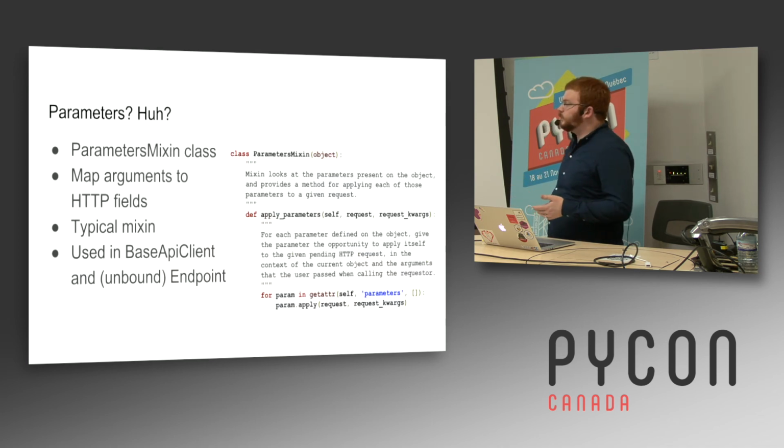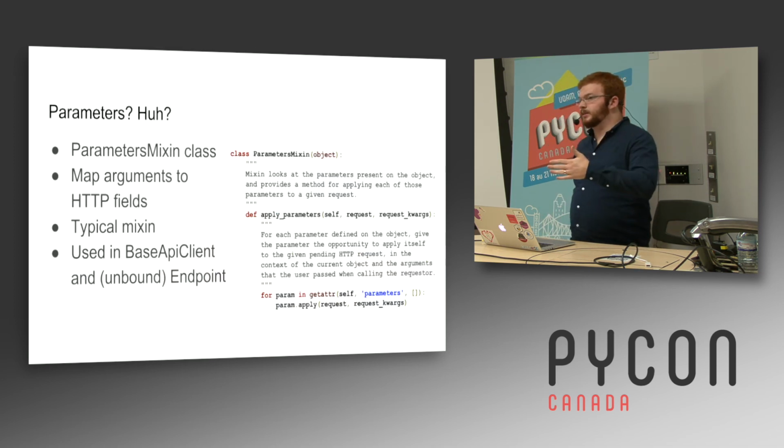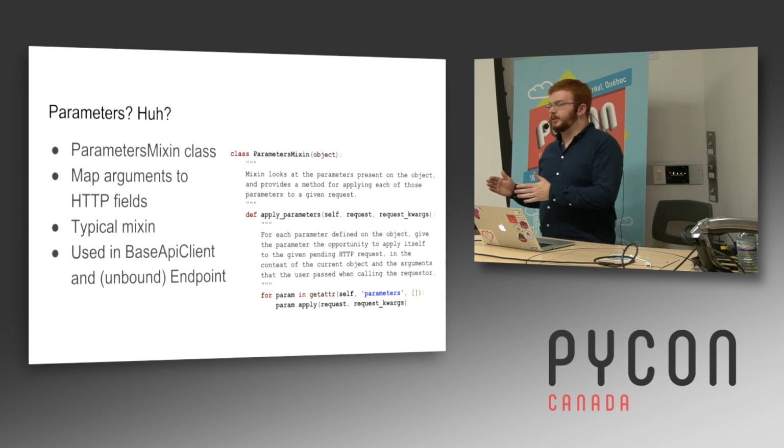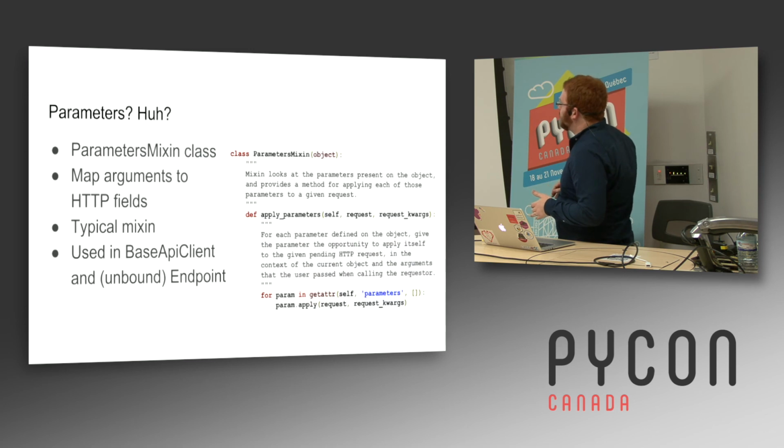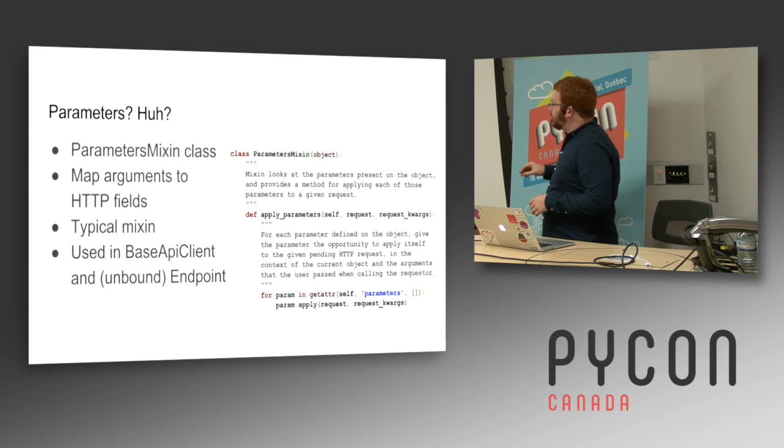Like I said, the most fundamental operation we're going to be doing is taking incoming keyword arguments in Python and transforming them into the fields that we actually need to send out over the wire using HTTP. So this parameters mixin class is basically used in the base API client and the unbound endpoint descriptor to allow them to apply parameters to a given request.